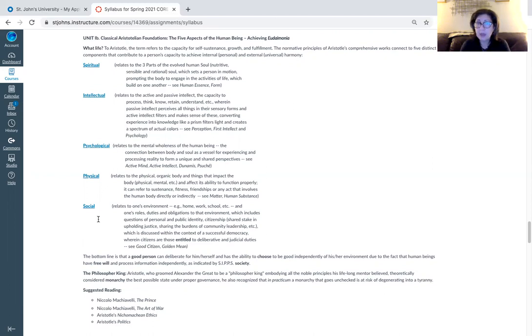What does that mean? Of course, at the top is spiritual. However, in the understanding of spiritual, we are not going to be talking about organized religion. We're not going to make claims about the nature of God and these other questions that are more appropriate for a theology class, because I am not a theologian.